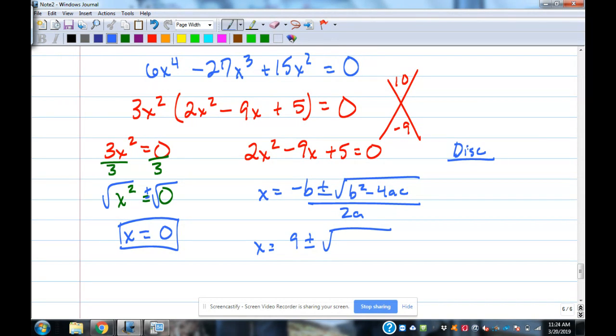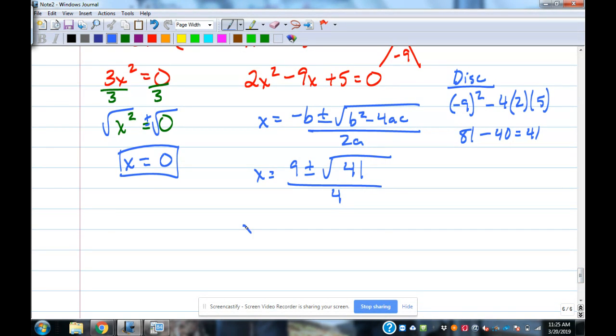Remember we talked about that? Negative 9 squared minus 4 times 2 times 5. That's 81 minus 40, which is 41. Square root of 41 is in there. 2 times 2 is 4. So we get two answers there. x is 9 plus the square root of 41 over 4, and x is 9 minus the square root of 41 over 4.